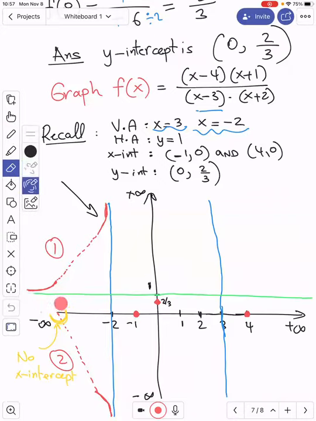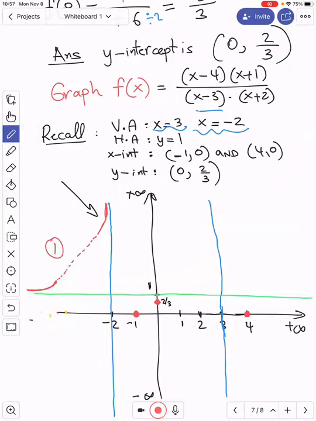The one above the horizontal asymptote. Right, so the graph of f is going to be this one here. This is actually your f of x, and this is the first part of the function, of course.